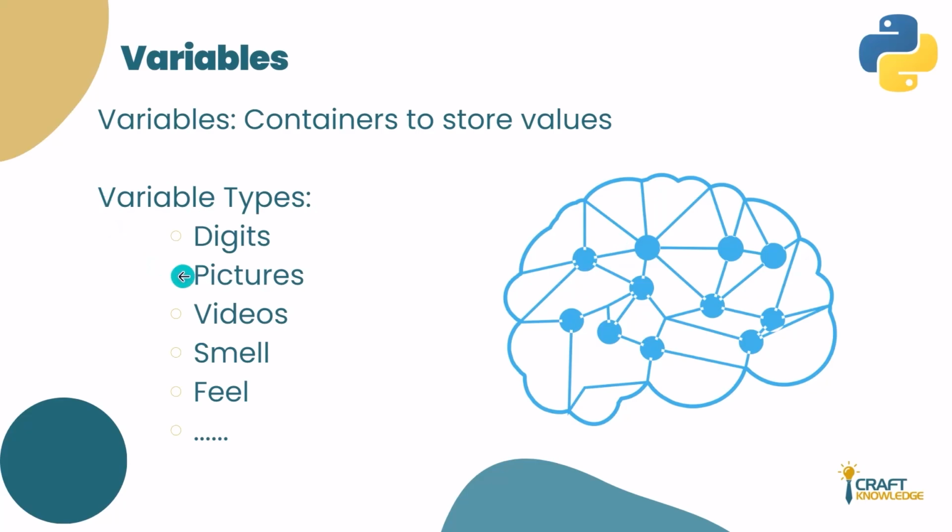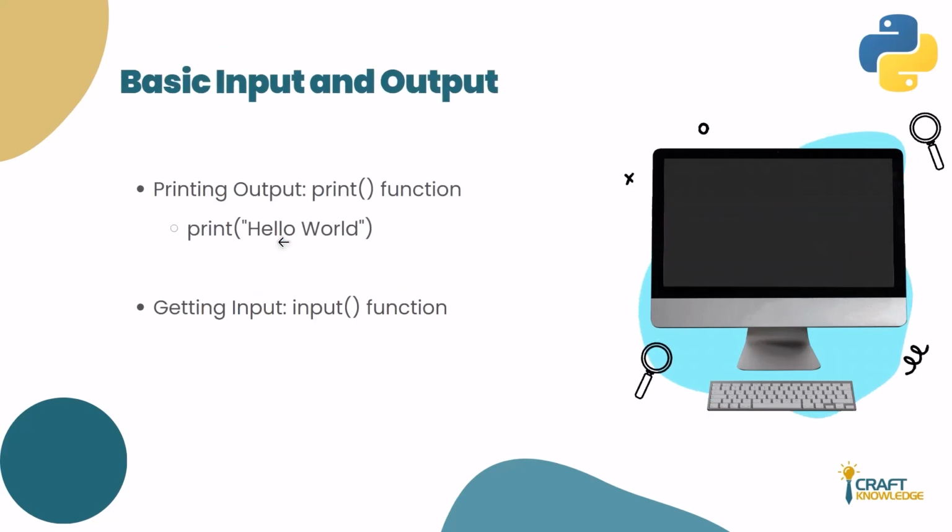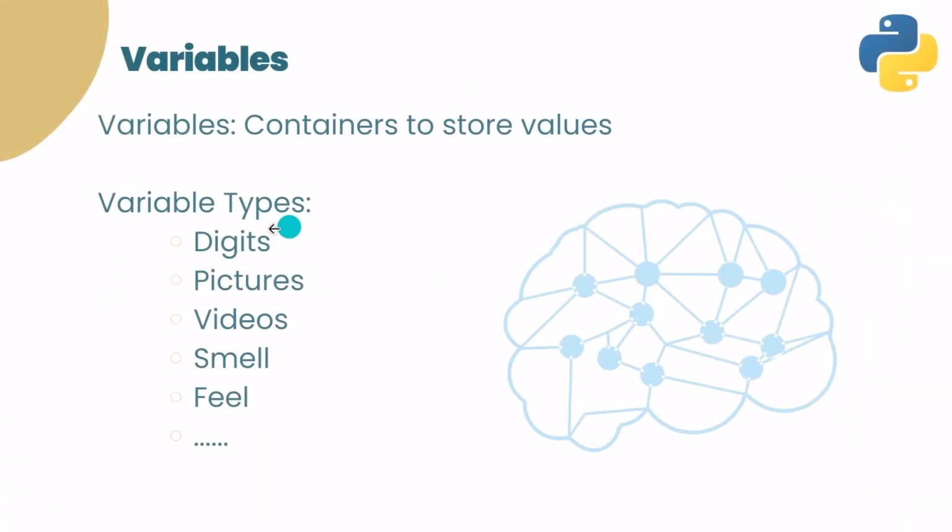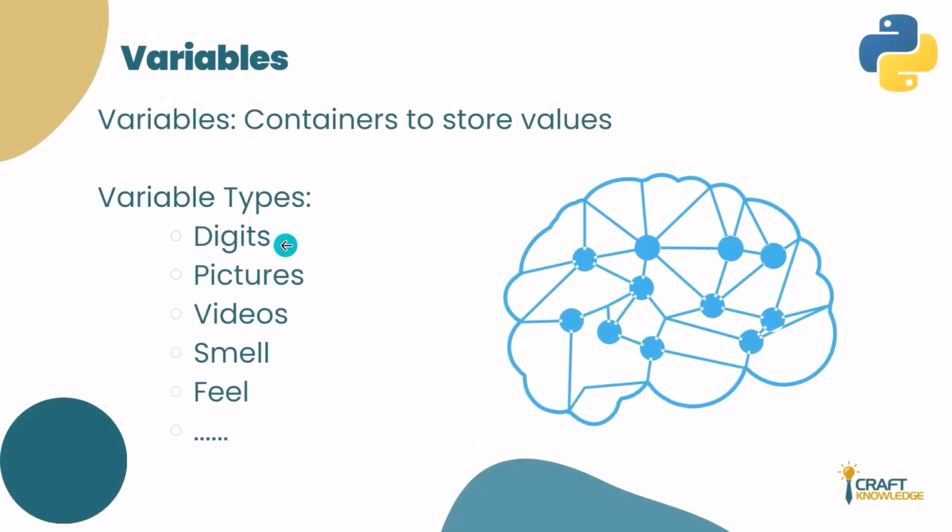One more thing, we store multiple types of data in our brains. For example, if I ask you what is your age, the answer will probably be a digit. If I ask you how you look, maybe you have yourself in your mind in a pictorial representation. If I ask you how your father looks, maybe you'll have a picture in your mind, right?